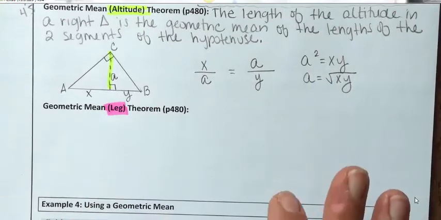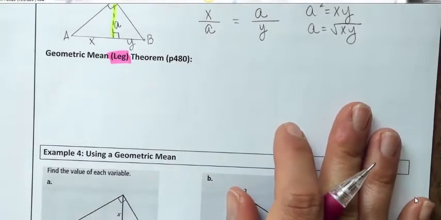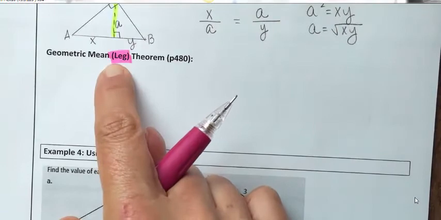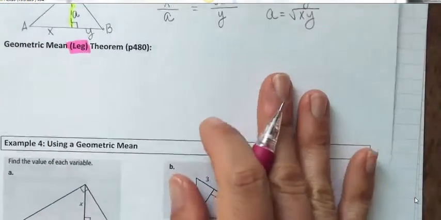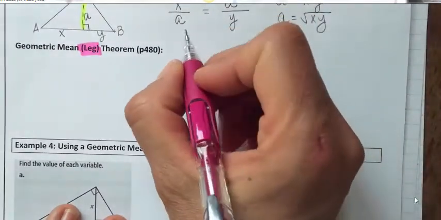There's also one for legs. So the geometric mean leg theorem, which we're going to do in pink, okay, I'll go ahead and write it out and then I'll explain it using a diagram as well.